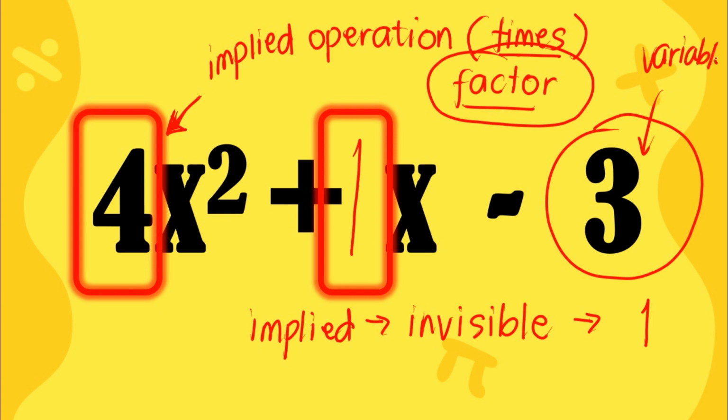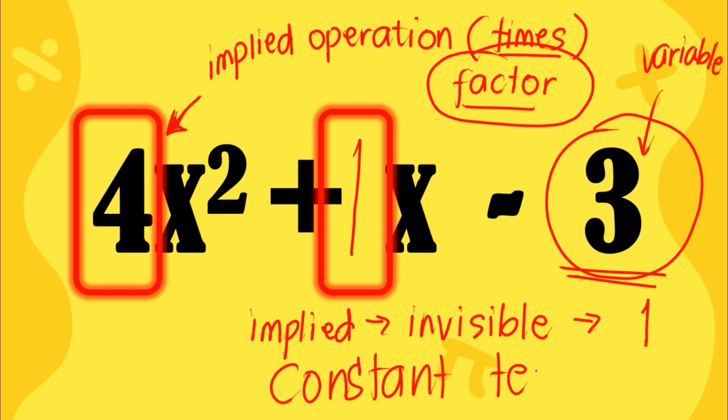Kung wala siyang katabing variable, ang tawag natin sa kanya ay constant term lang. Okay? Constant term. Ibig sabihin, nag-iisa lang talaga siyang number dyan.